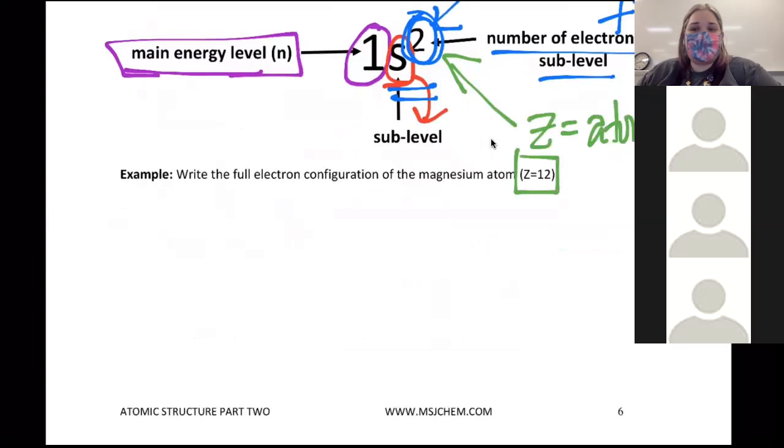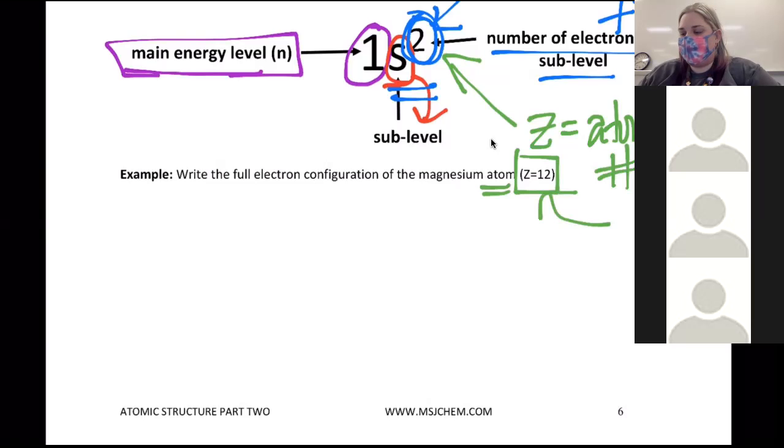So if they say Z equals a certain number, that's the number of electrons that need to be in our configuration, because for a regular neutral magnesium atom, protons and electrons are the same, as long as it's not an ion. So I need a configuration with 12 electrons.